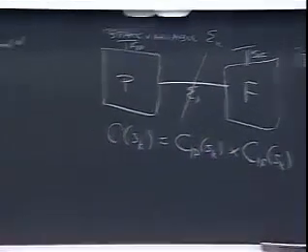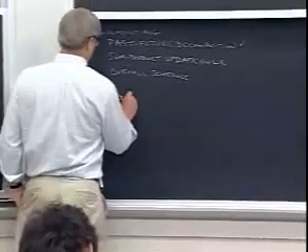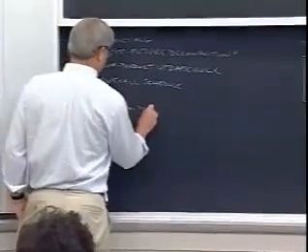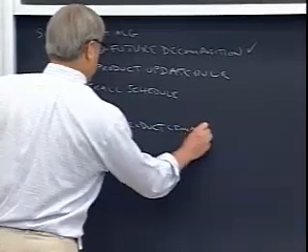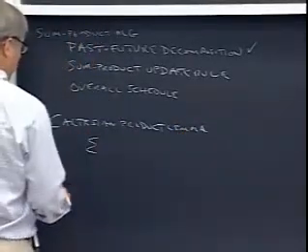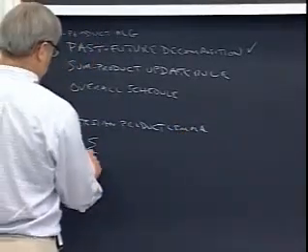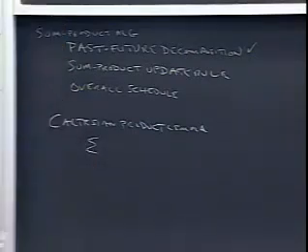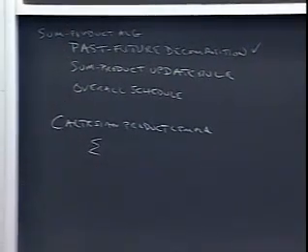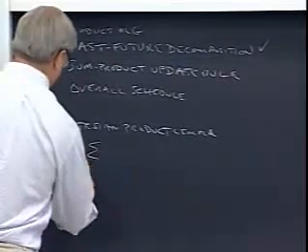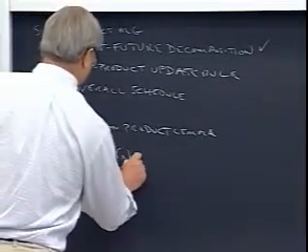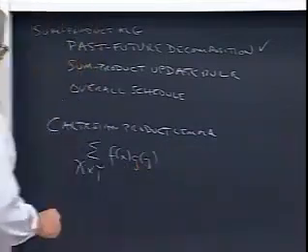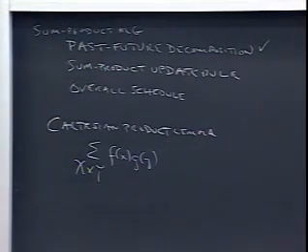Plus the basic Cartesian product lemma, which is that if I have a sum over a Cartesian product, x cross y, of f of x, g of y, what's a fast way of computing that?